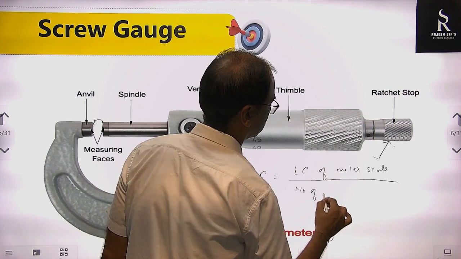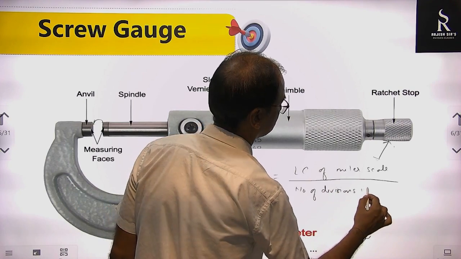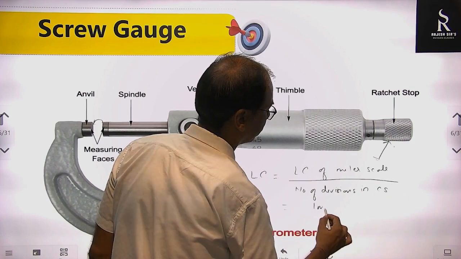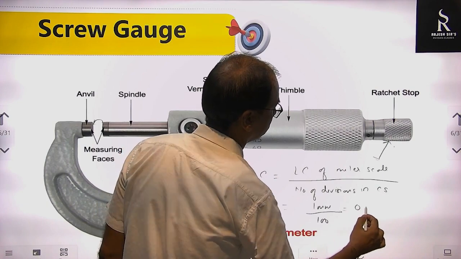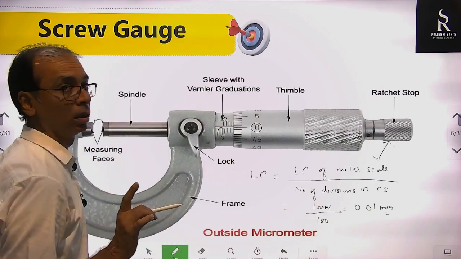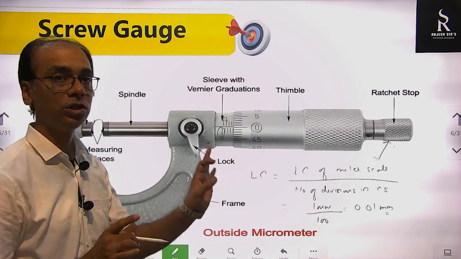The least count of the main scale is 1 mm, and the number of divisions in the circular scale is 100. So what minimum can we measure? 0.01 mm. In vernier calipers it is 0.1 mm. Here it is 0.01 mm.